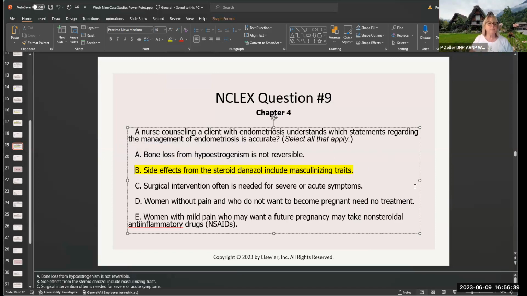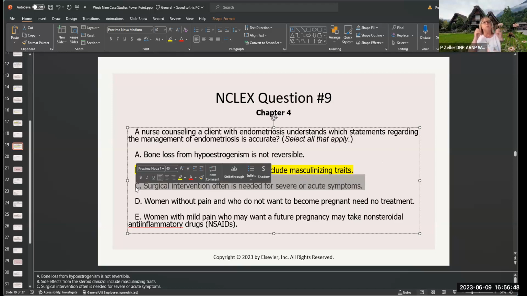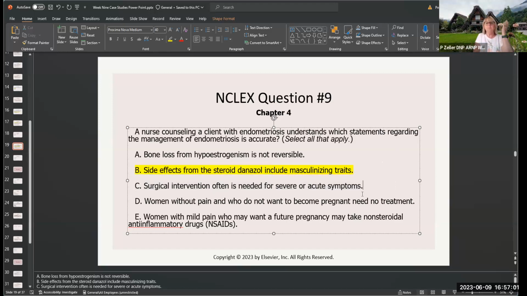What else? Would C be one? Yes. Oftentimes we do have to go in there and we call it fulgurate or burn those little implants inside, because it's those little bloody implants from the endometrium that are causing the pain. So we can go in there and remove them by burning them.